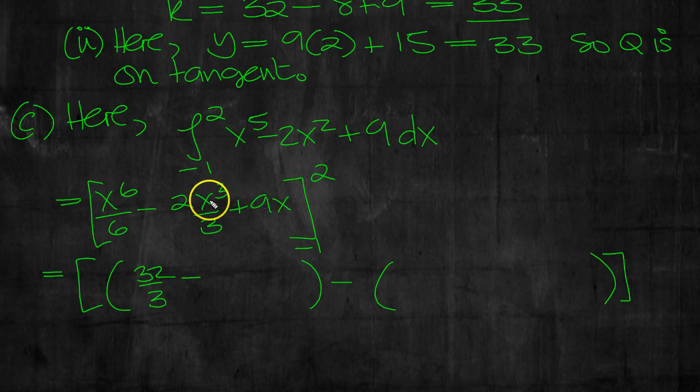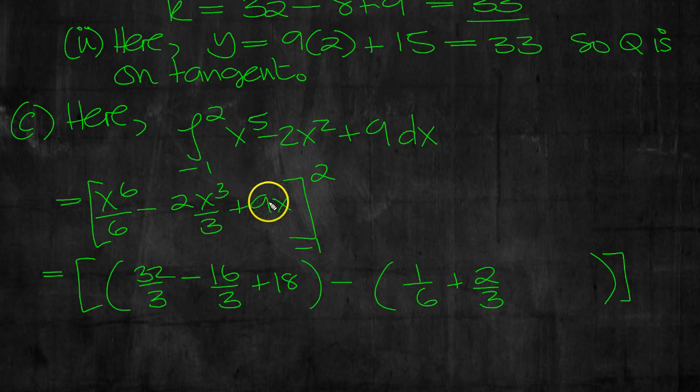Minus 2 cubed is 8, 8 2s is 16 over 3, 9 2s are 18, so it's plus 18. Minus, put minus 1 in here, that's 1/6. Put minus 1 in here, minus, and this will be a plus 2/3. And then this one, 9 times minus 1 is minus 9.